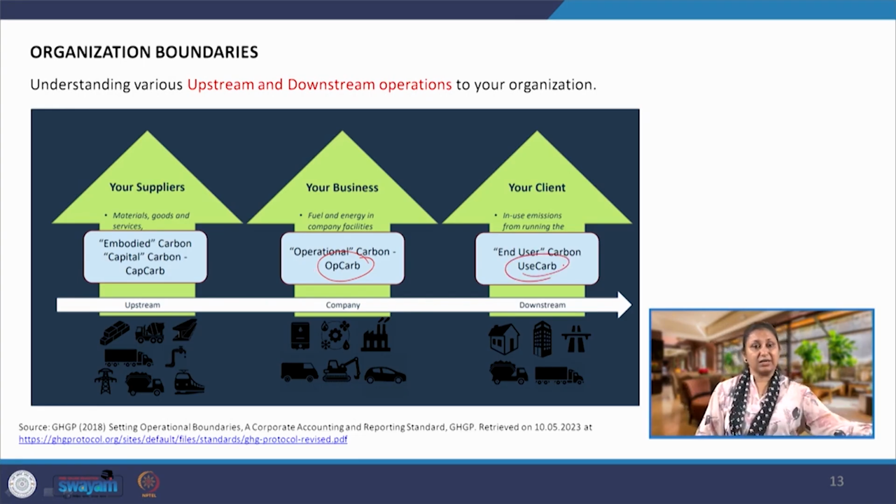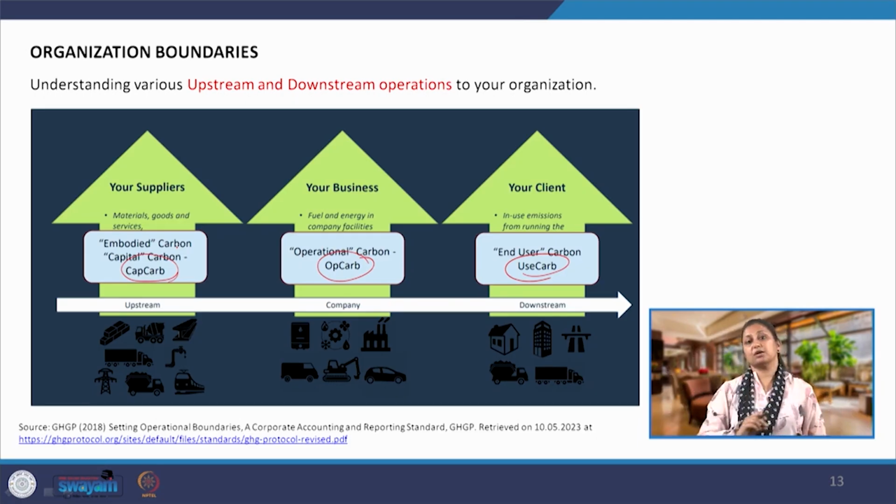And then the embodied carbon: when we are purchasing the raw material, or when the procurement is being done, that is the embodied carbon or the capital carbon, known as cap carb. All that together is actually the carbon footprint, or we are here talking about the GHG emissions. So, from upstream to the downstream, all of it is part of the emissions or carbon footprint of the company.